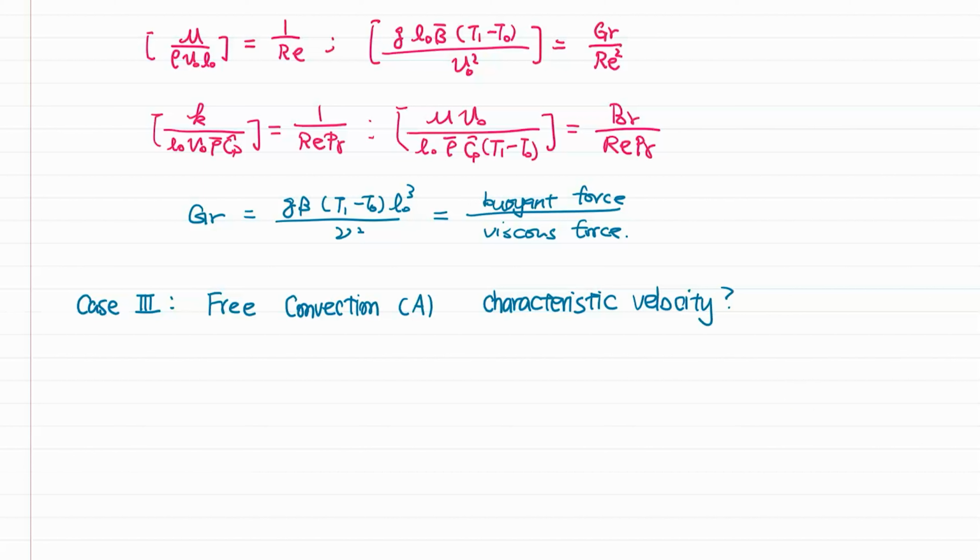This can be done by looking at the units. The kinematic viscosity has the same units as the diffusion coefficient, so we would use the kinematic viscosity over L naught as our V naught.